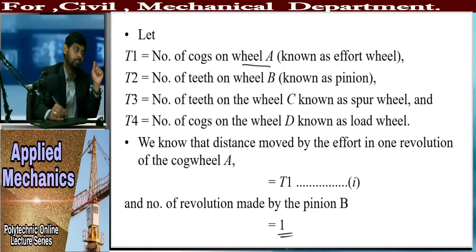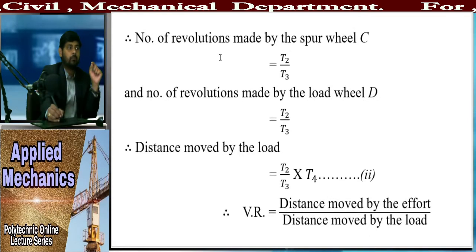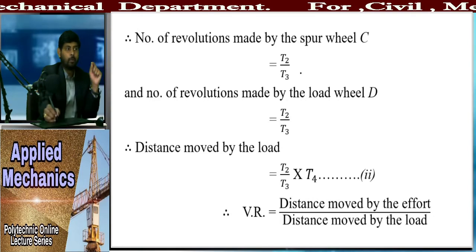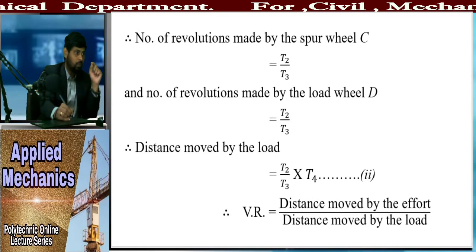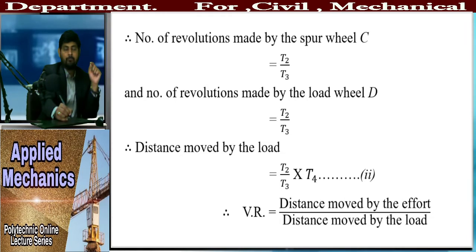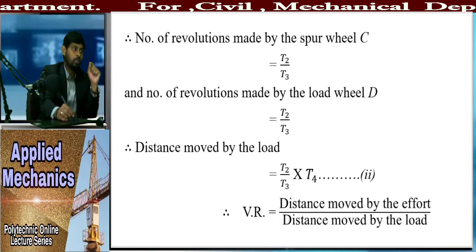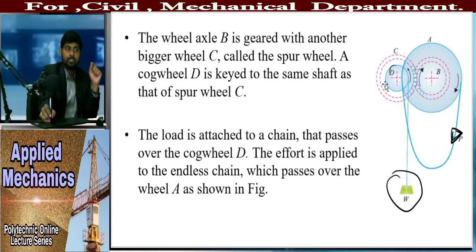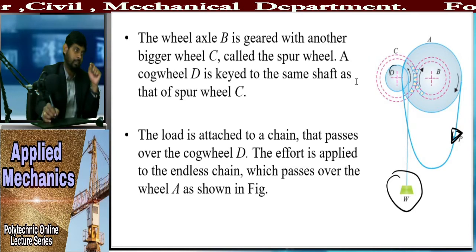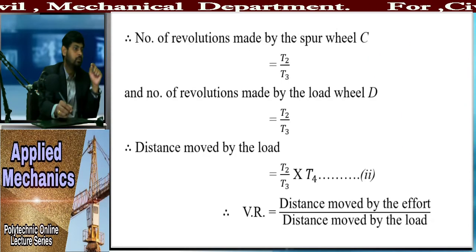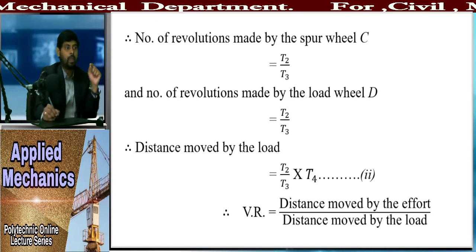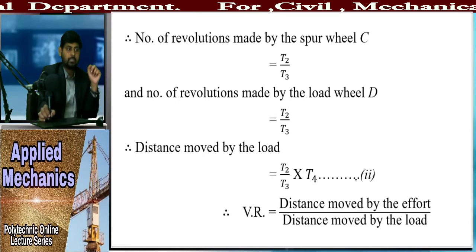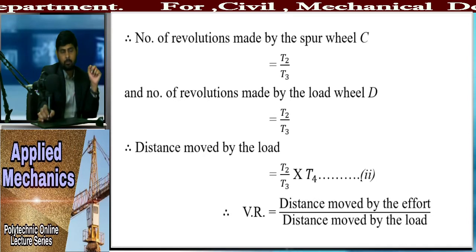The number of revolutions made by the spur gear C is T2 by T3, and the number of revolutions made by wheel D is similarly T2 by T3, because C and D are mounted on the same shaft. So for C and D, both values are the same. So the distance moved by the load is T2 by T3 multiplied by T4, which is your equation number 2.